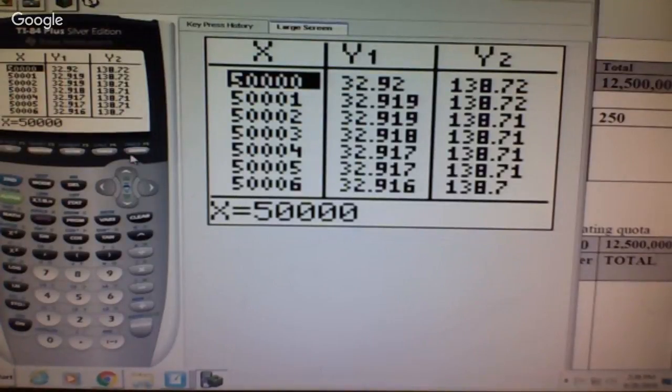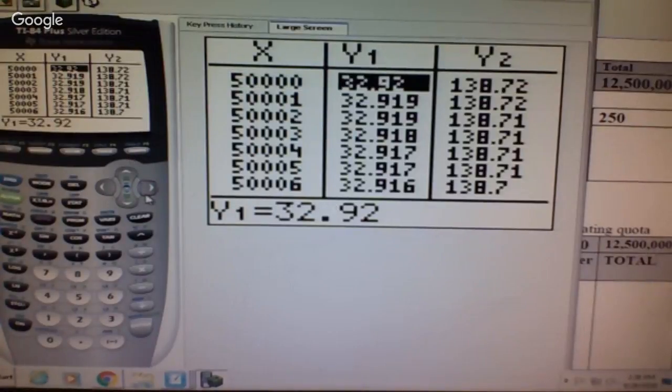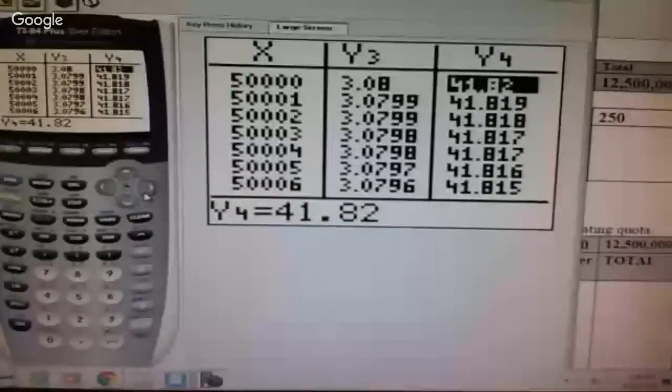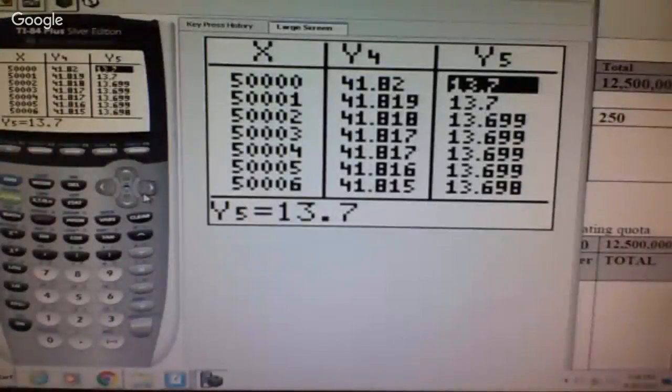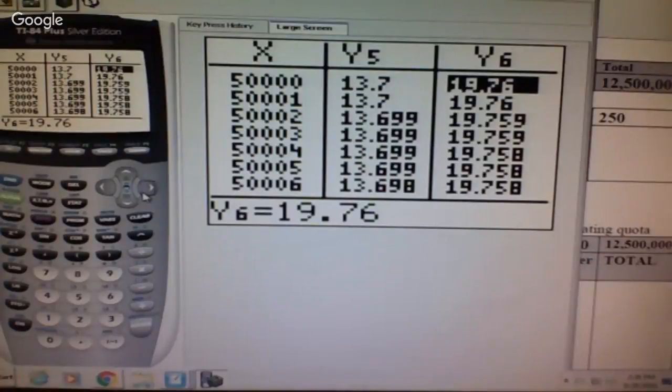Look at all of the standard quotas that are already on your paper. 32.92. There it is. 138.72. And the 5th one, and the 6th one.